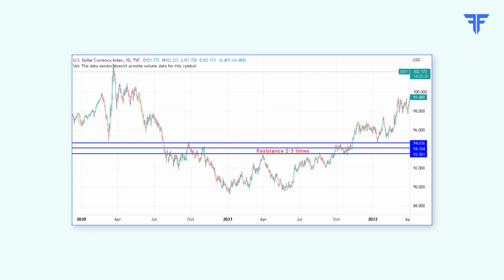So you can see that prior to 2021, the US dollar was falling, and it took support almost near to 89 levels, and there it formed a positive pattern, and after that it started its upside journey. However, it faces resistance around 93 levels, and again it started its southbound journey.